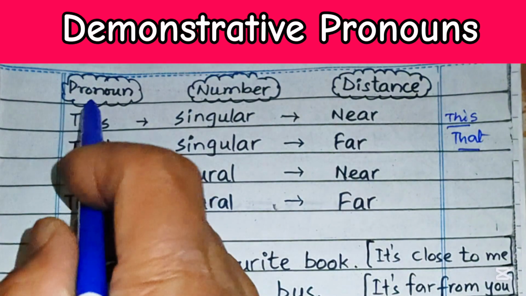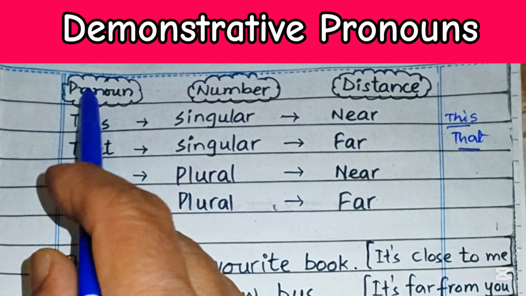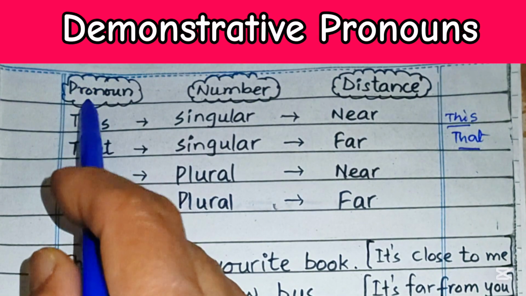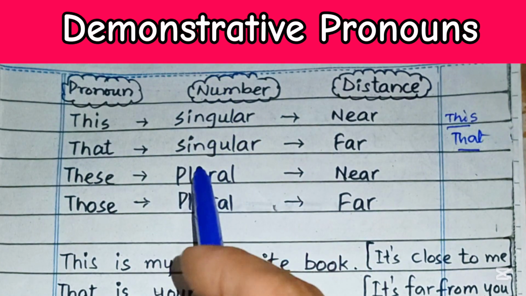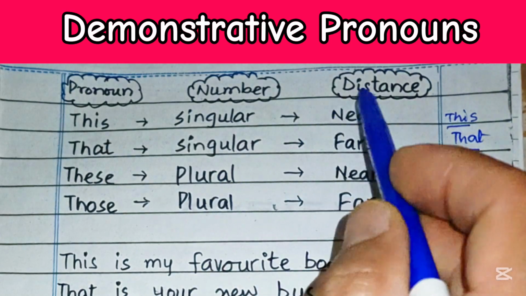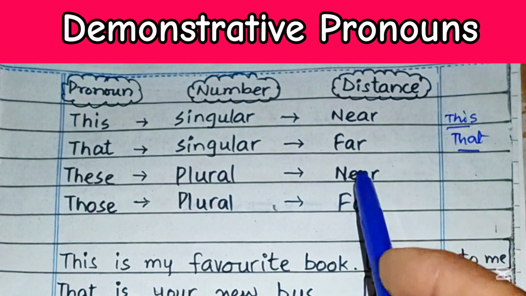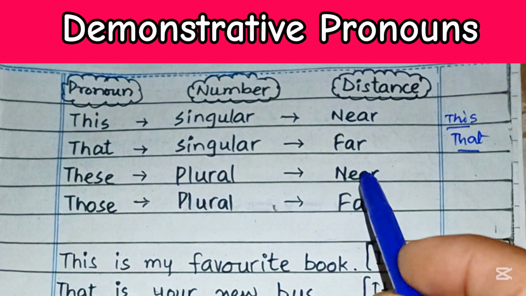So let's see these few demonstrative pronouns. In this case, this column refers to the demonstrative pronouns and this column refers to number, either singular or plural, and then this column refers to the distance they are being referred to as.